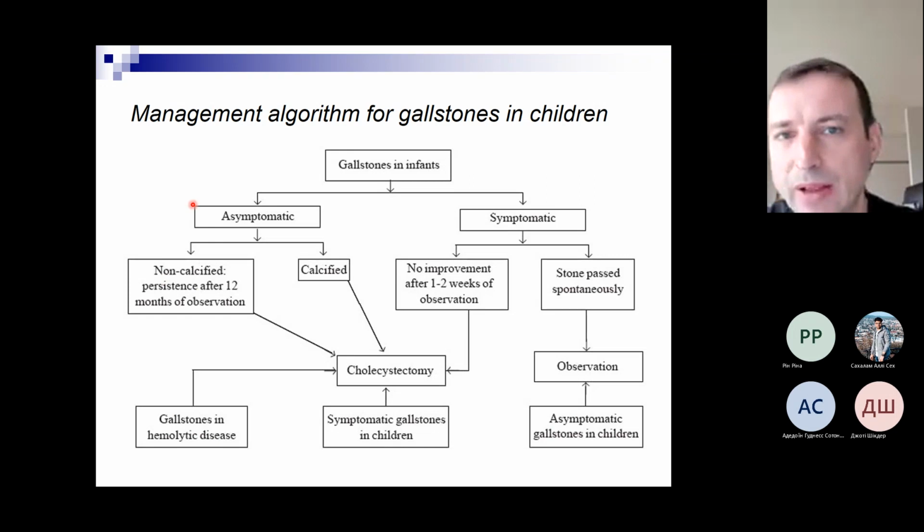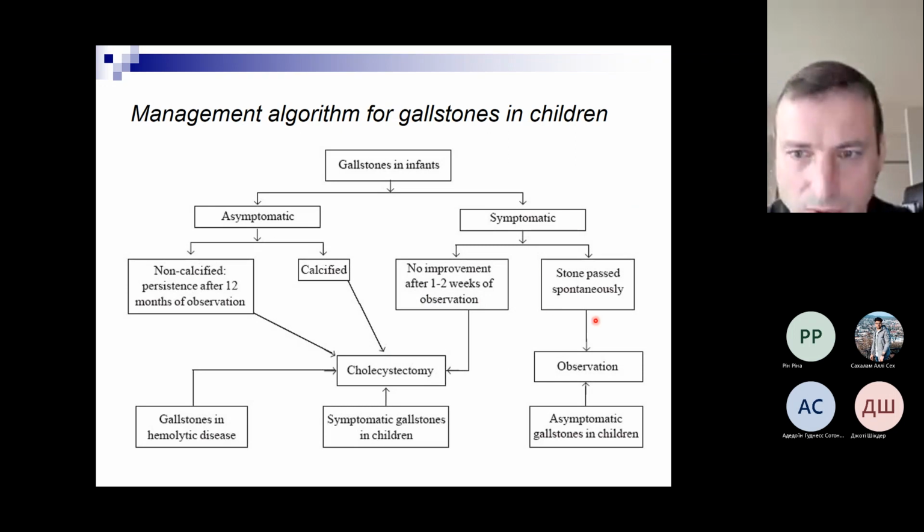You see the management algorithm for gallstones in children. If they are symptomatic, non-calcified, persistent after 12 months of observation, cholecystectomy is needed. If calcified, also cholecystectomy at first. If symptomatic patient, no improvement after 1 to 2 weeks observation, cholecystectomy might be prescribed.